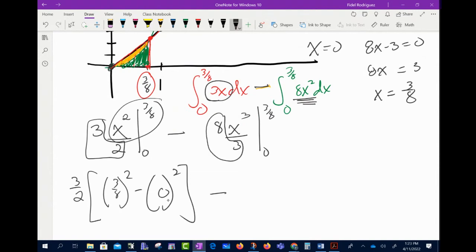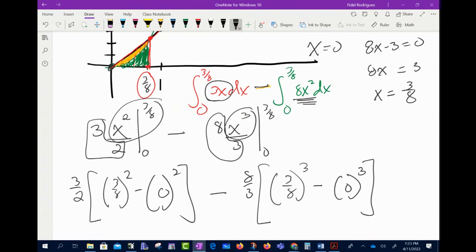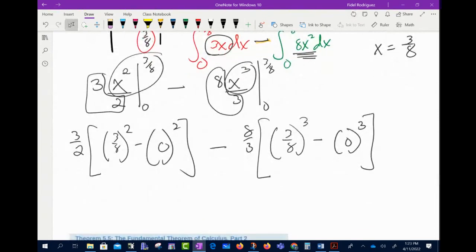I'm going to keep that constant on the outside, 8/3. I'm going to evaluate x to the third at 3/8, and I'm going to evaluate x to the third at 0. Okay. So far, am I doing okay? All right, we're going to go really slow here.